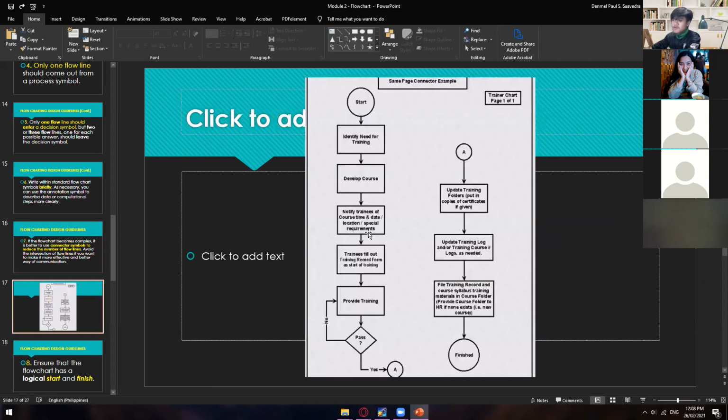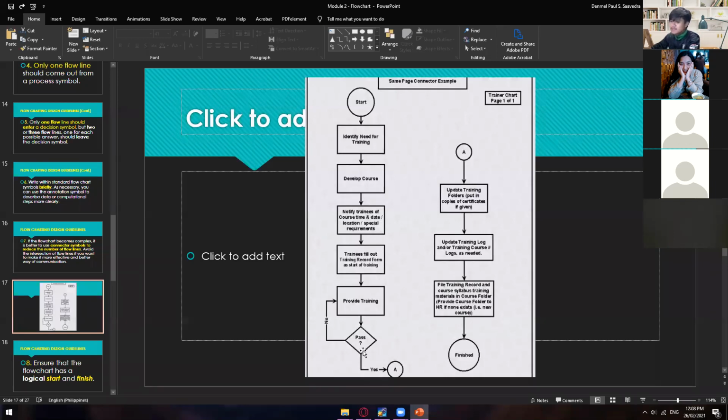All right. So here's one example when it comes to using a connector symbol. Never mind the process. What's important is, for example, you want to continue that one on the right side. You can connect this one into a certain connector, just a circle, and continue it right here.